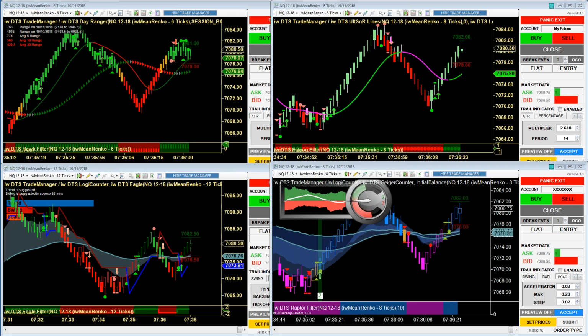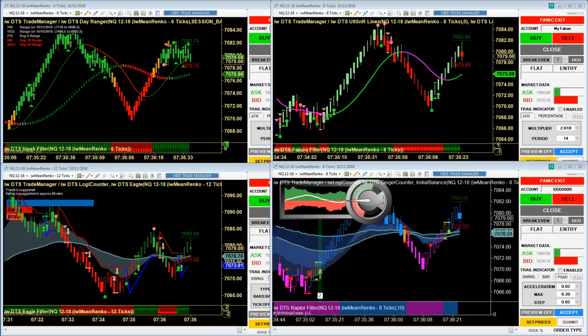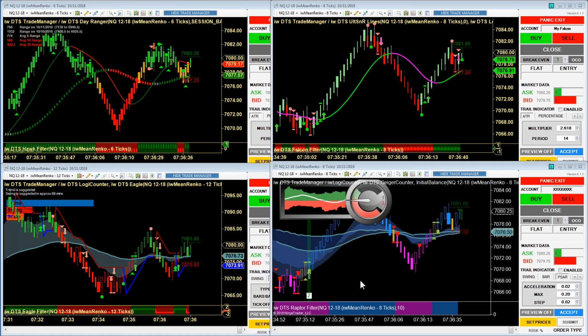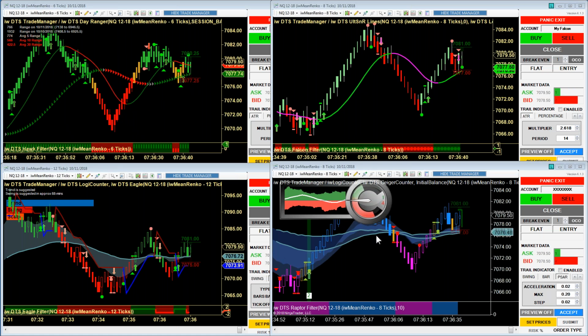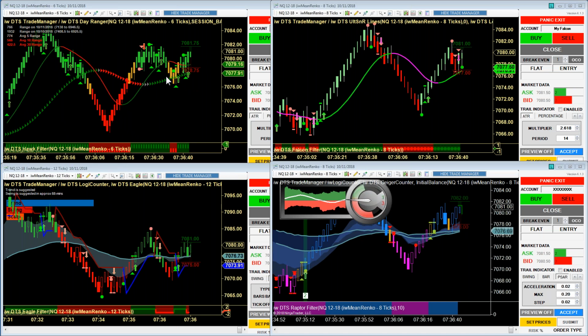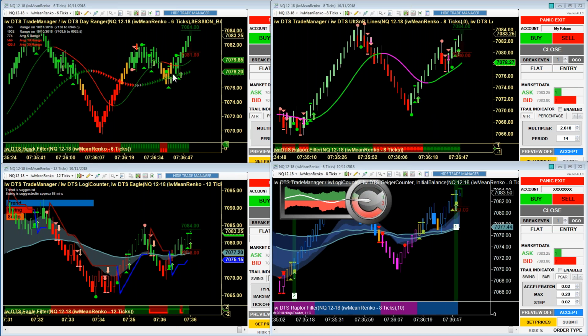Are they going to make another rally? It's so conflicted. Look how neutral everything is. Lots of yellow bars coming in here on the hawk. Are we an hour in? Oh yes, we are. We're an hour into the session, so that explains a lot.